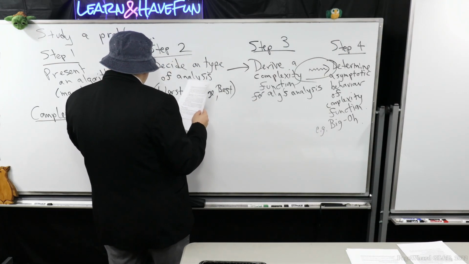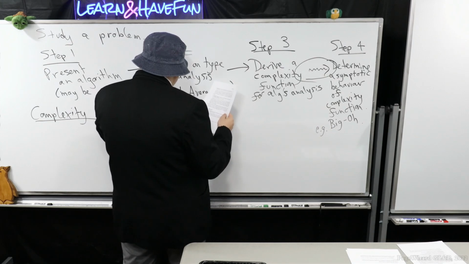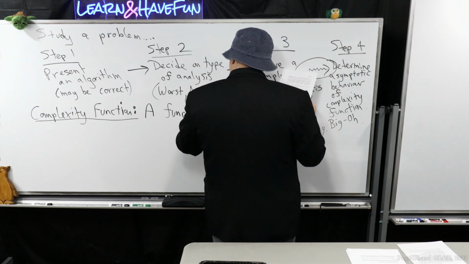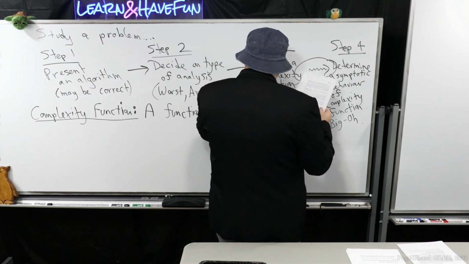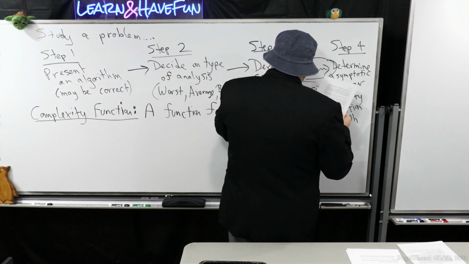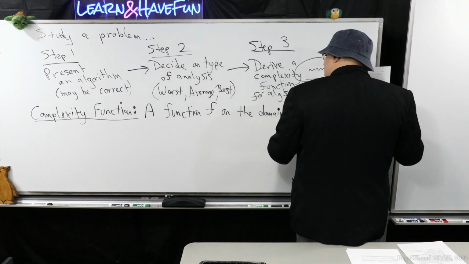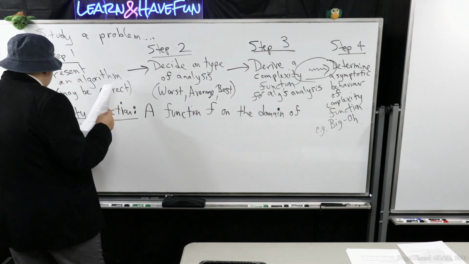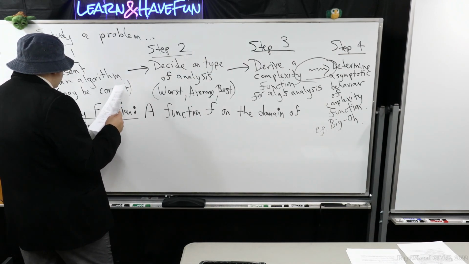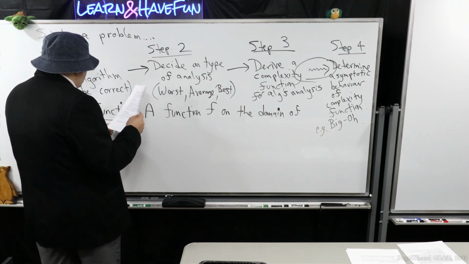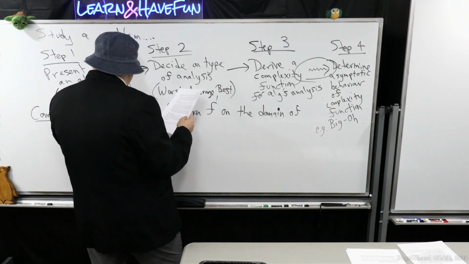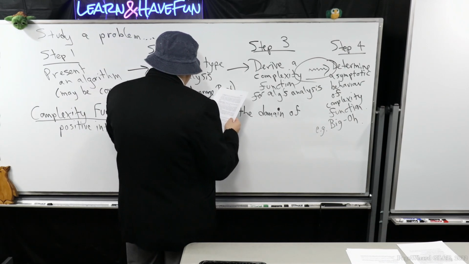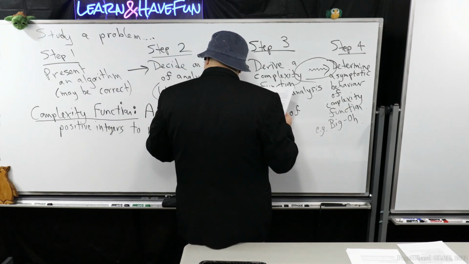It's going to be what we call a function f on the domain. Don't worry, I'm going to draw you a fun picture. I am a big fan of fun pictures. On the domain of positive integers to non-negative real numbers.